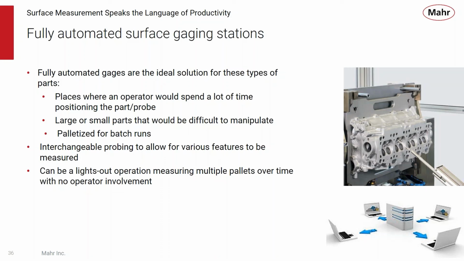Large or small parts would be difficult to manipulate. Or if we have lots of parts and pallets, it's great for measuring these in sequence very quickly. So interchangeable probing allows for various features to be measured. This can be a lights-out operation measuring multiple pallets over time with absolutely no operator involvement.